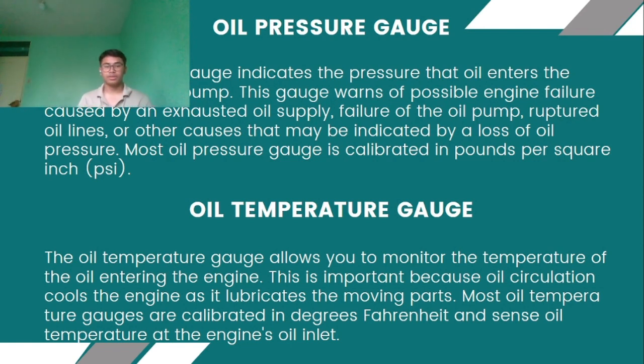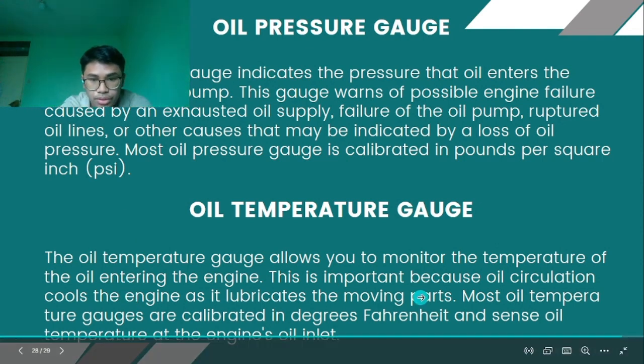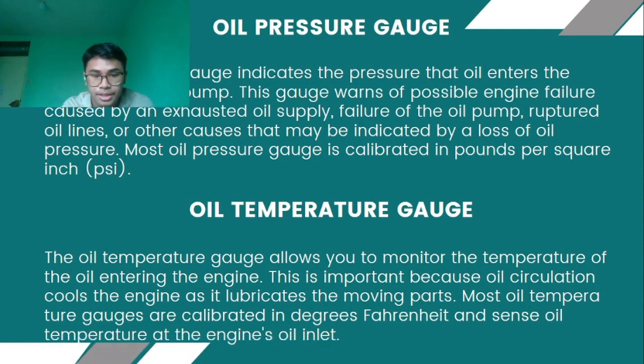Then sa oil temperature naman is the oil temperature gauge allows you to monitor the temperature of the oil entering the engine. So, ito naman is most oil temperature gauges are calibrated in degrees Fahrenheit and sense oil temperature at the engine oil inlet. So, dito is hini-help ka na ma-monitor ang temperature mo sa ating engine.